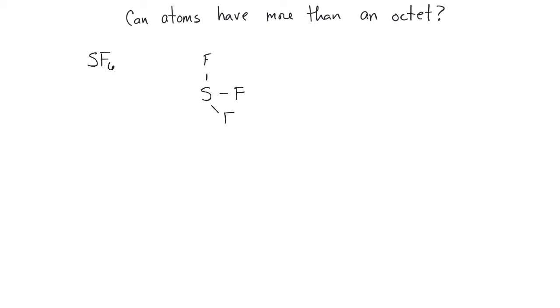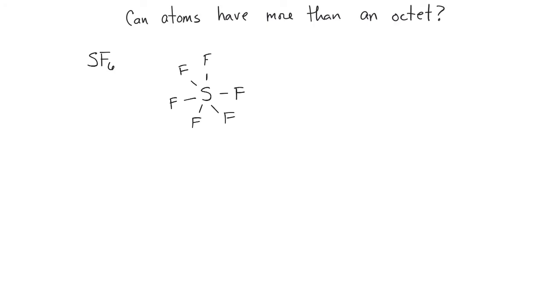And these 6 fluorines, without placing any additional electrons, are going to give sulfur 6 bonds. And so that means at least 12 electrons around sulfur. So yes, it's possible for those atoms below the second row to have more than an octet around them.